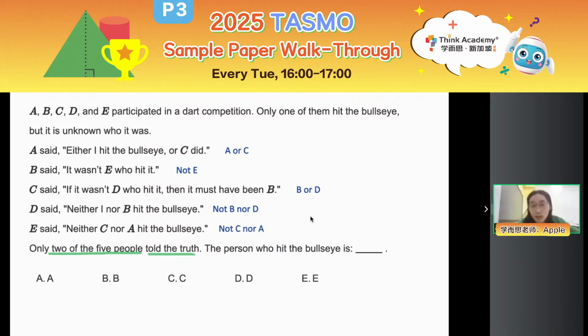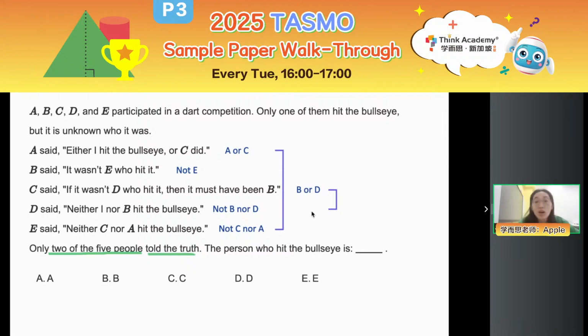Well, after you turn the long sentences into some short phrases, you will find some conflict, right? So here, as you can see, C said B or D. D said not B nor D. So actually, there is a conflict. Can you find more conflict? Can you find more? Yes, good. A and E, right?